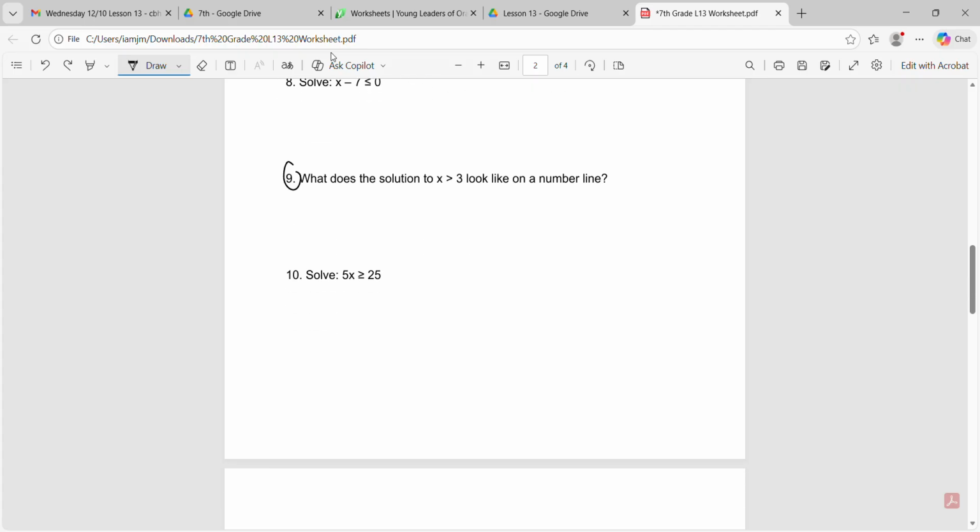Okay, number 9. What does a solution to x is greater than 3 look like on a number line? So let's draw a number line. Let's do 0, 1, 2, 3, 4, 5, and so on. So it's a greater than sign. For greater than signs, you use an open circle.